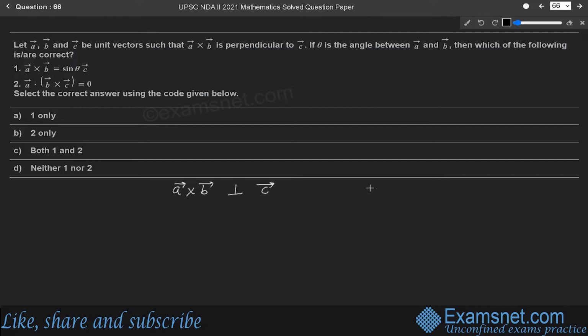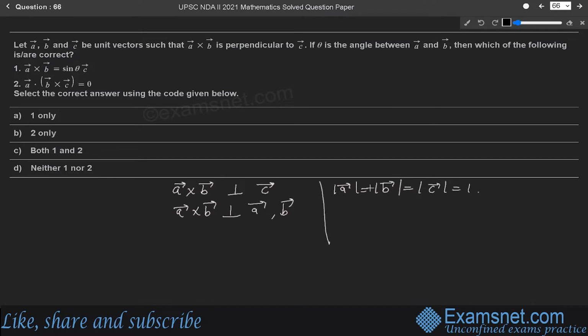It is also given that A vector, B vector and C vector are unit vectors. It means that the magnitudes of A vector, B vector and C vector are equal to 1.